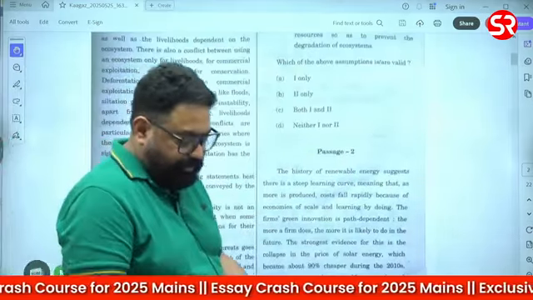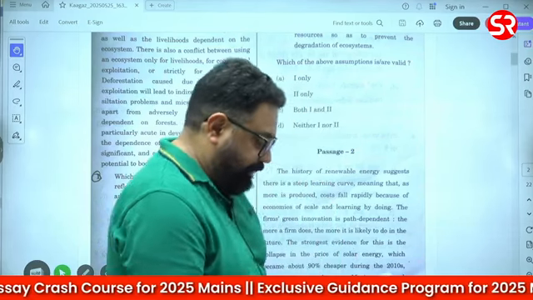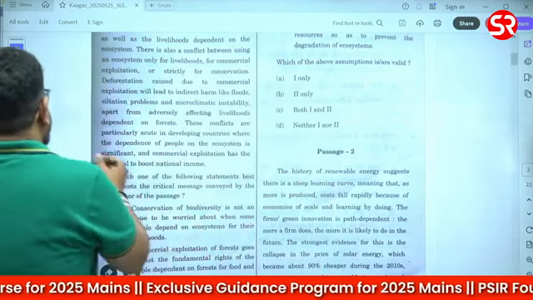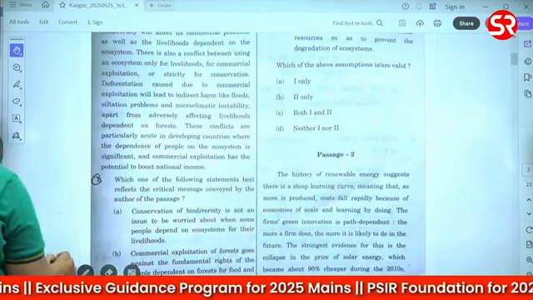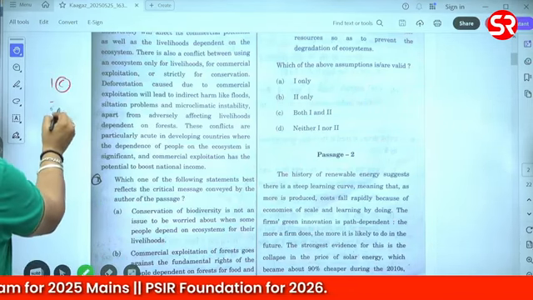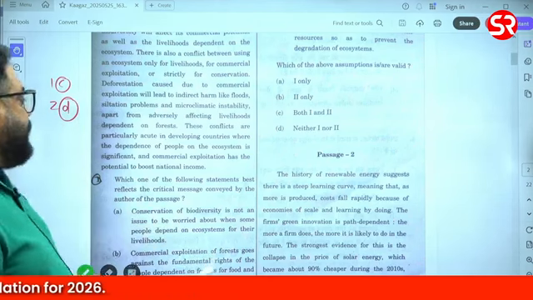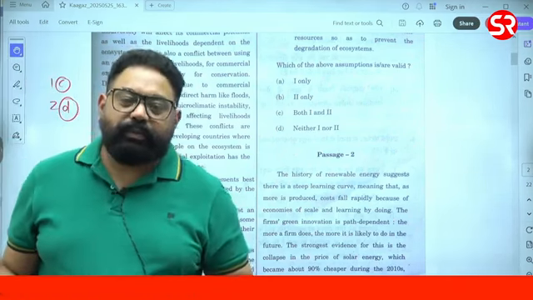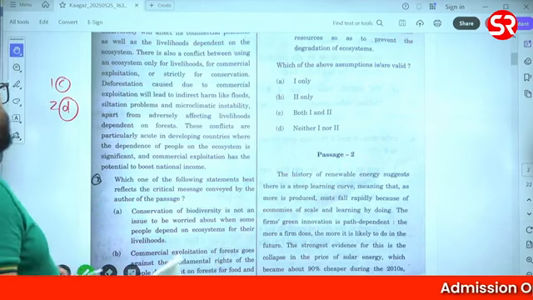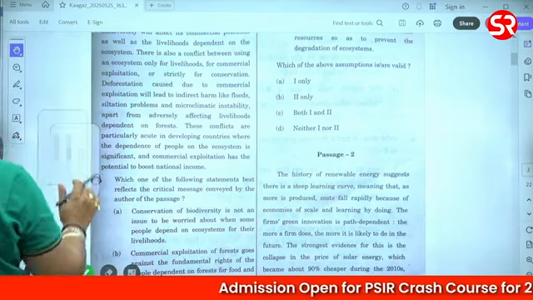The rest is your RC, guys. So I'm giving you the answers to the RC, right? First is C, just writing it, and second is D. Kindly mark it. This is for set A. Passage 1, the 2 answers: first is C and second is D. A lot of students are asking for answers, right?